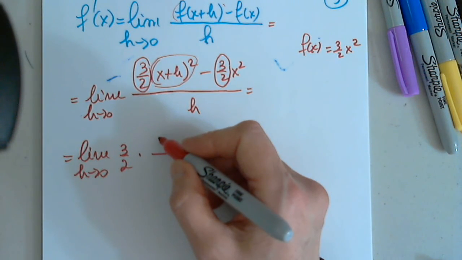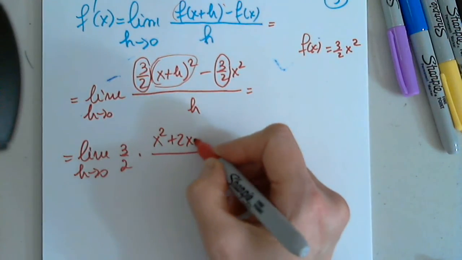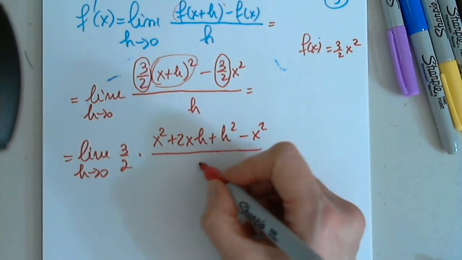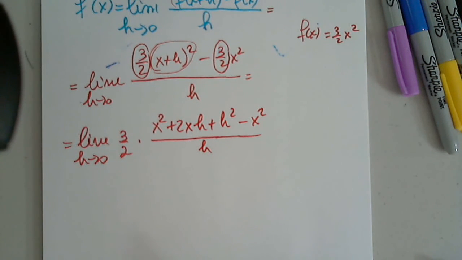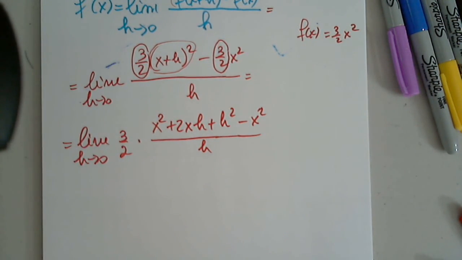Would it be x squared plus 2xh plus h squared? Good. Minus x squared, divided by h. Good. What happens next? Do we add the 3/2 x squared? I put the 3/2 in front. I factored it in front. Sorry, I missed that.